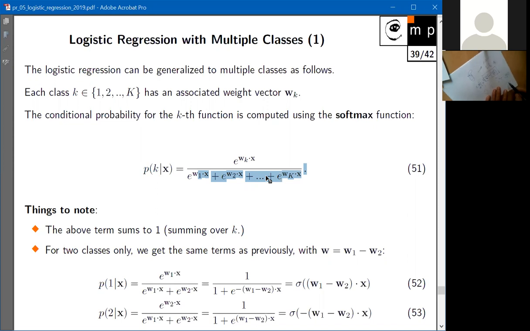And if you divide each of those numbers by the sum, you will get 1, 0, 0, 0.